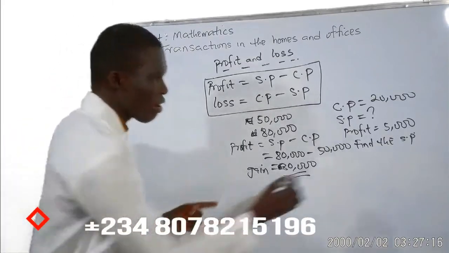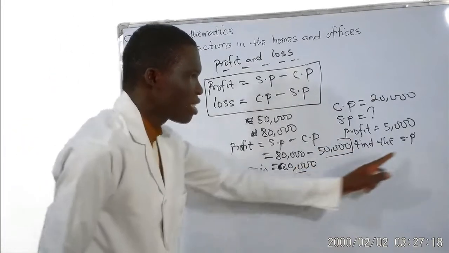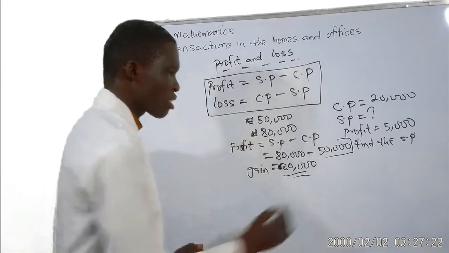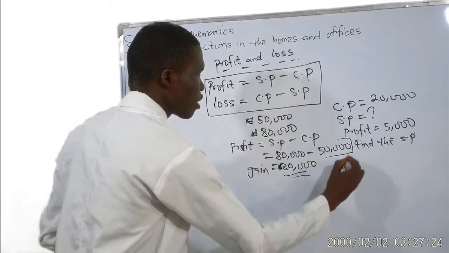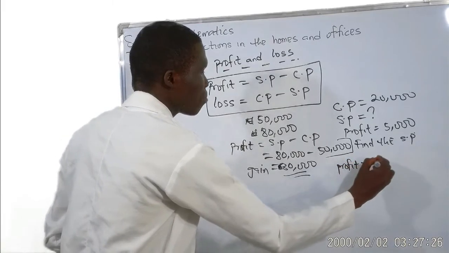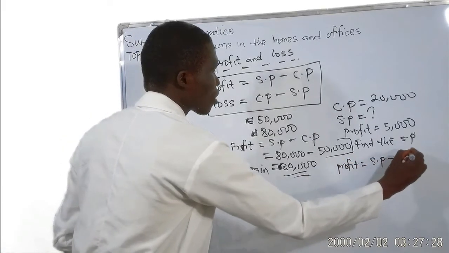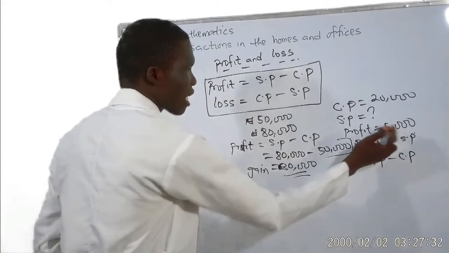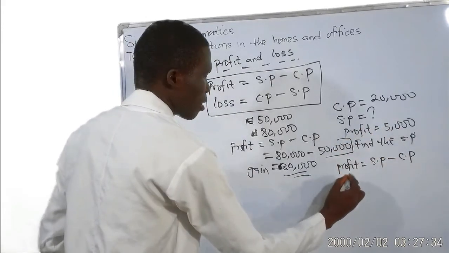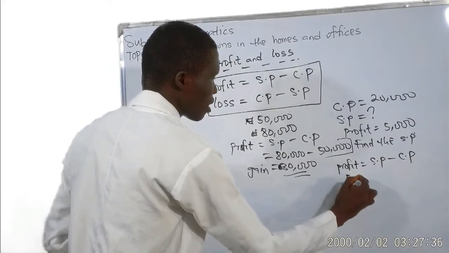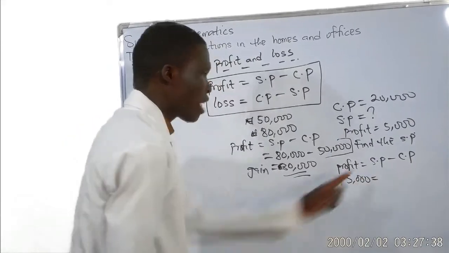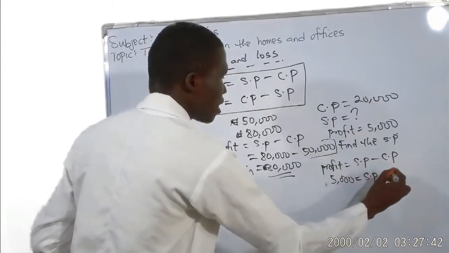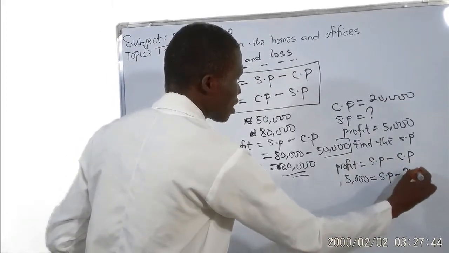Now, the question now is, we want to find the selling price. Remember, to find the selling price, your profit equals selling price minus cost price. Profit is given to you as 5,000. The selling price is what we are looking for, and the cost price is 20,000.